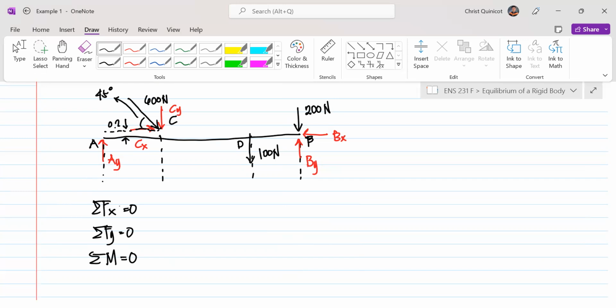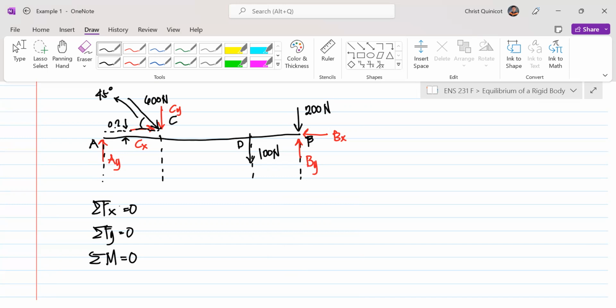Now, you are given the freedom to choose whichever equilibrium equation to use, but it is better to do some analysis first to back up your chosen equation.